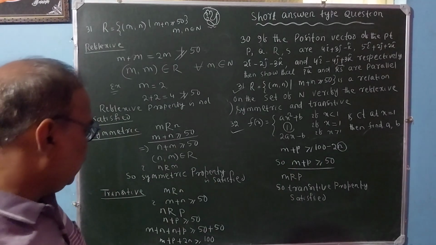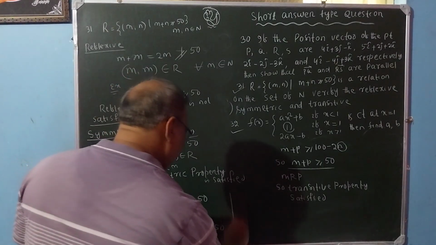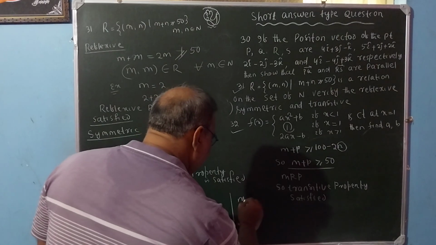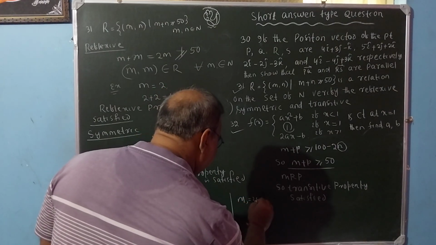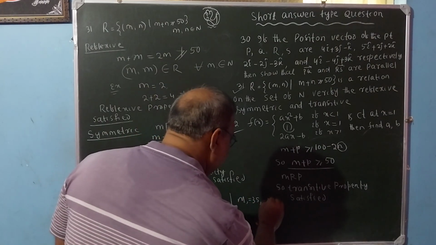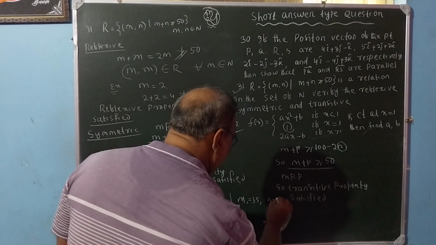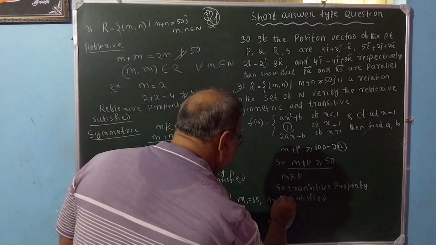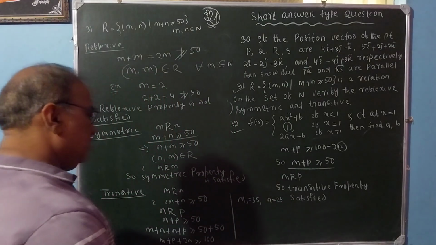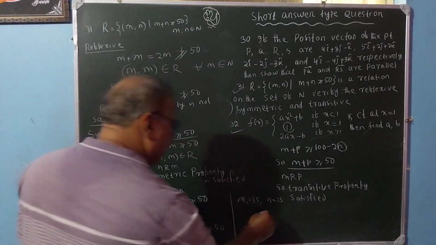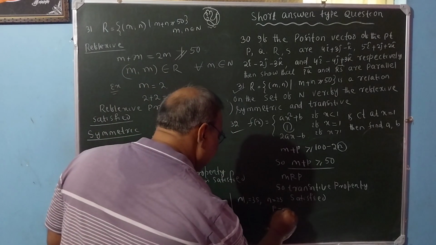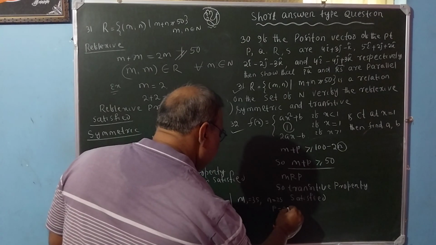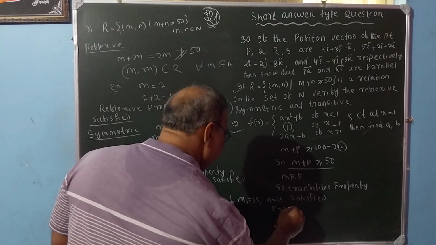Suppose I am taking one example: m as 35, n equal to 25, and p equal to 30.